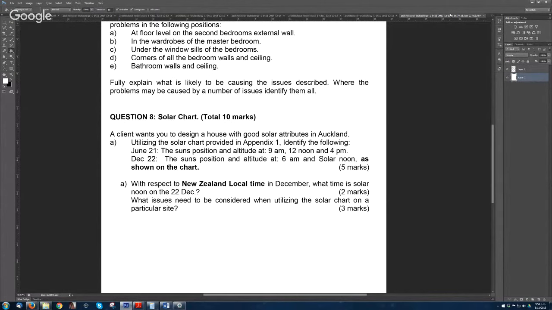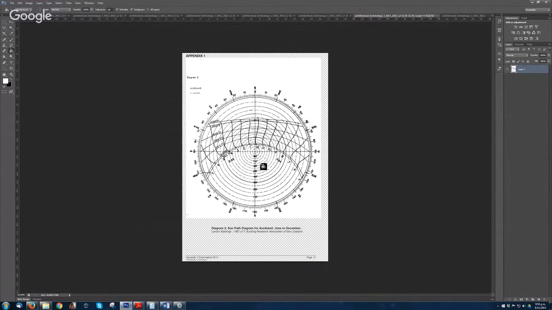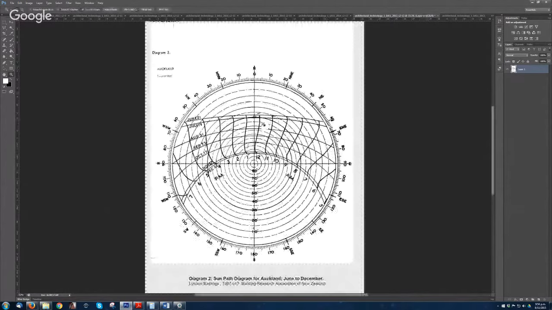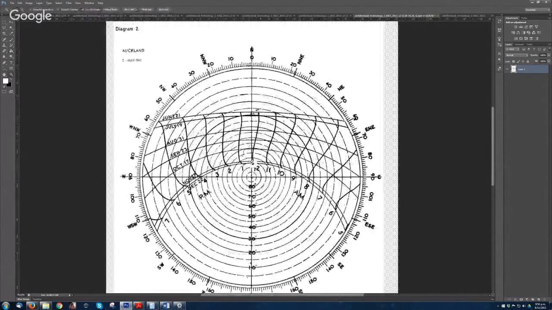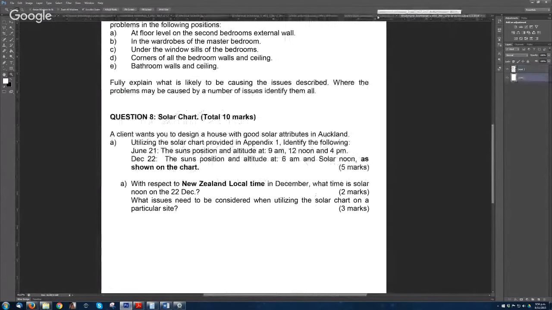That's this chart. So that's the solar noon. Yeah. And they say what date? 22nd December.